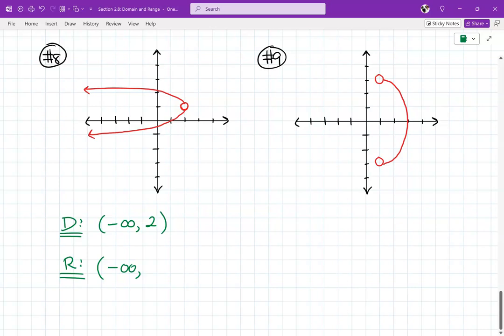To how high? Now, you might want to say positive infinity, but I'm going to say you're wrong. We are going to get to positive infinity, but there's a cut at 2. I get up to a point at 2 where, think of it like a hole. If I was running across this graph, when I get to 2, I'm going to have to jump over to the other side, right?